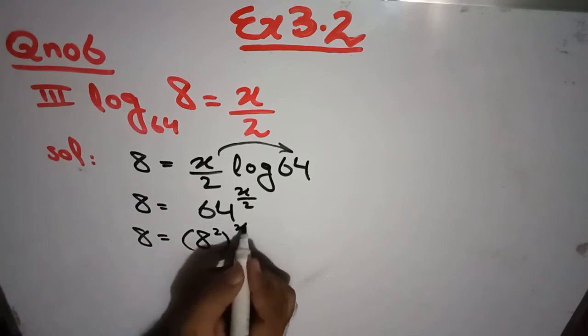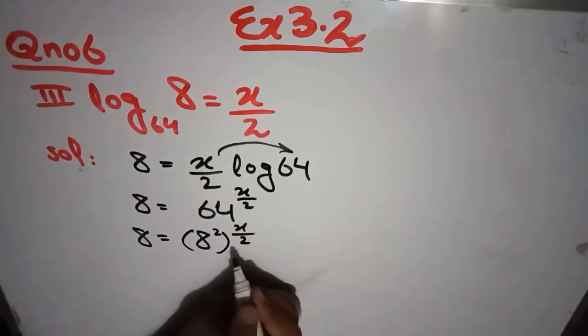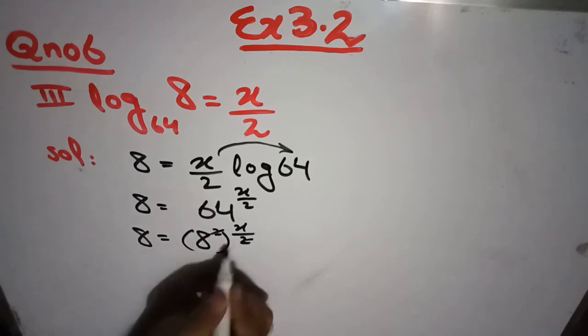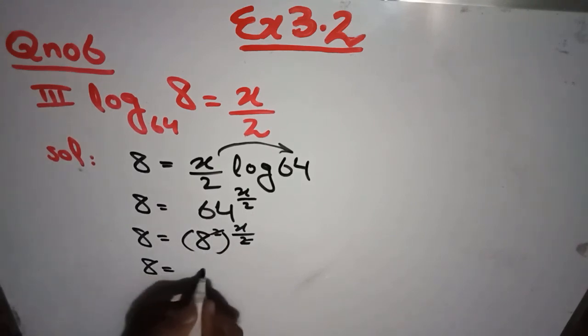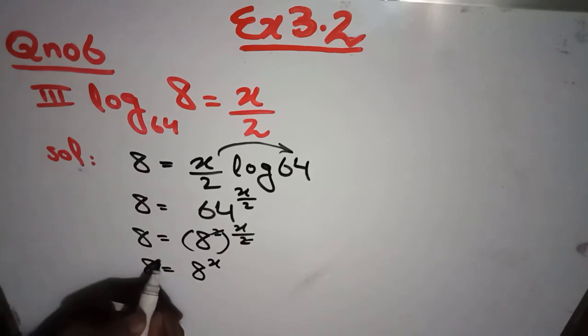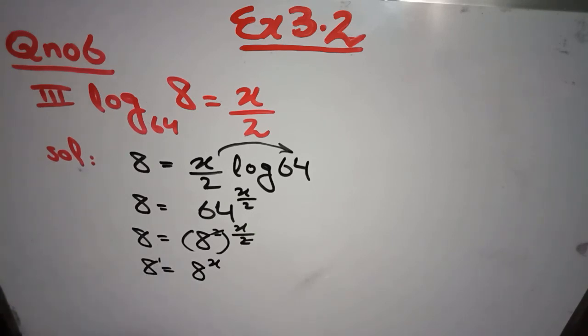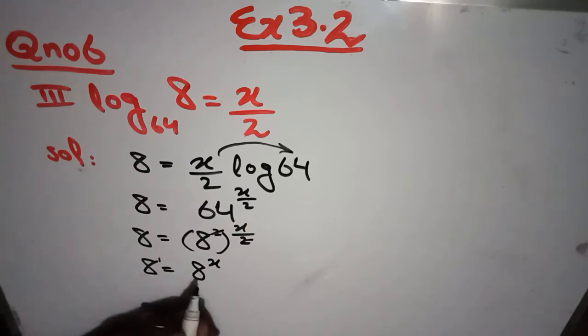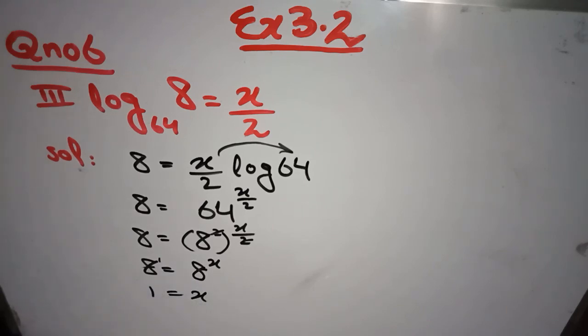So x by 2, by cancelling these powers, 8 is equal to 8 raised to power x. And there we have power 1, because where there is nothing you can just write the power 1. So now the bases are same, by cutting the bases you will get 1 is equal to x. That is your answer, and it is very simple.